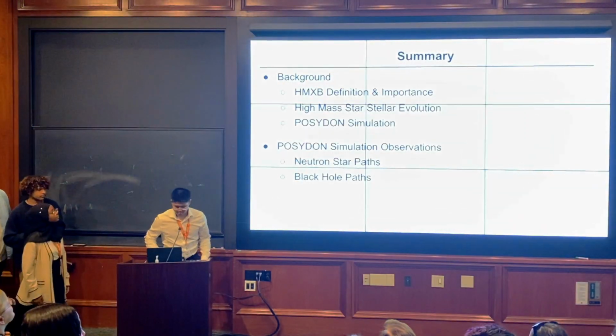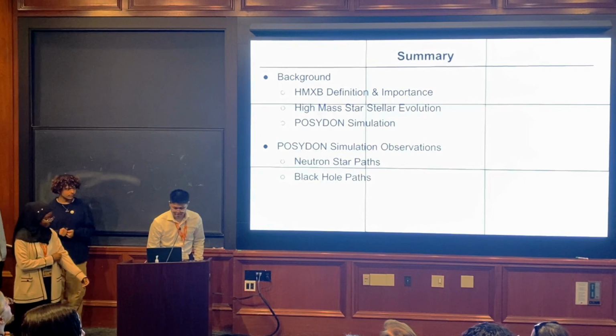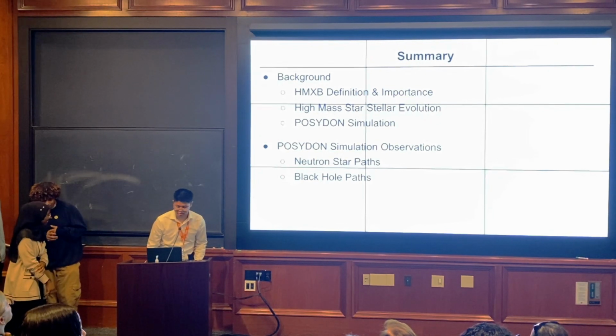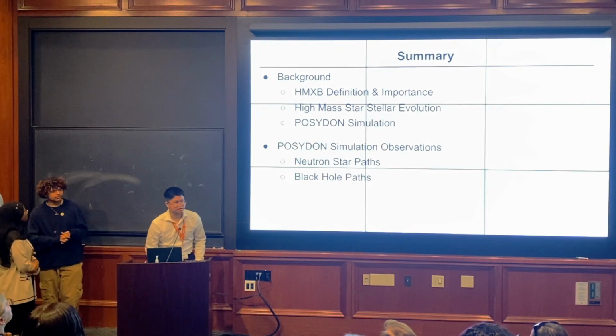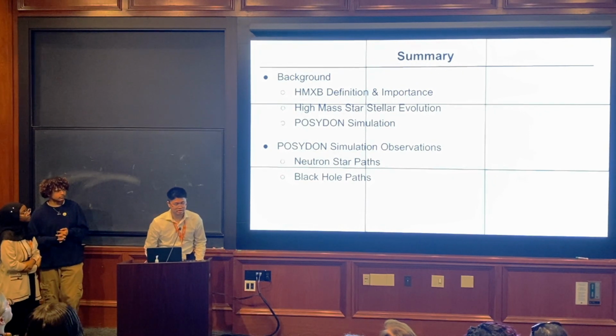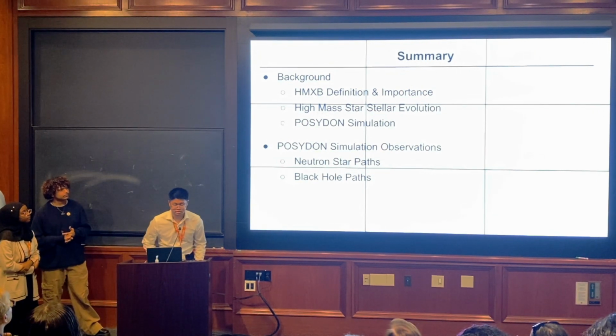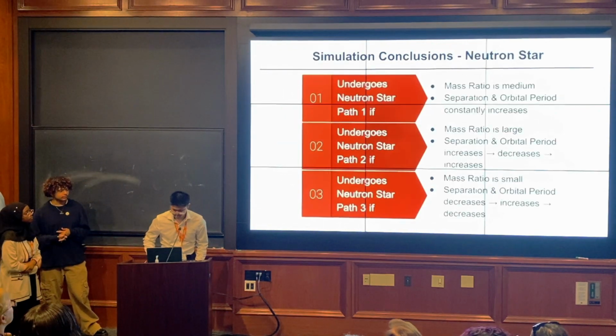So to summarize, you have learned what a high-mass X-ray binary is and its importance. You have learned that the high-mass star can become a neutron star or a black hole, and you have learned that Poseidon is a useful tool to find out the paths that high-mass X-ray binaries can go on, whether this star becomes a neutron star or a black hole.